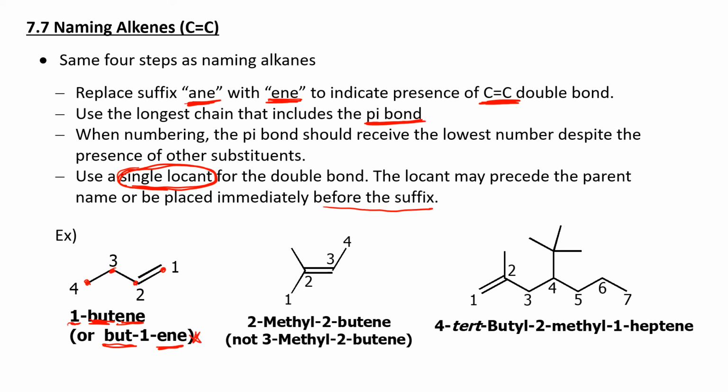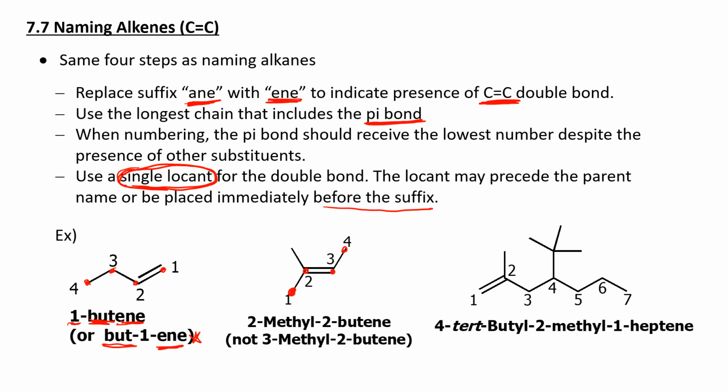Keeps things organized. All right, next, longest parent chain, 1, 2, 3, 4. Could you also have started down here? Sure, that could be your 1 position. It's the same. Now, if you're naming this in terms of cis and trans, that could affect it. However, let's not worry about that right now. All right, so we've got a butene. Now the double bond is at a different position.